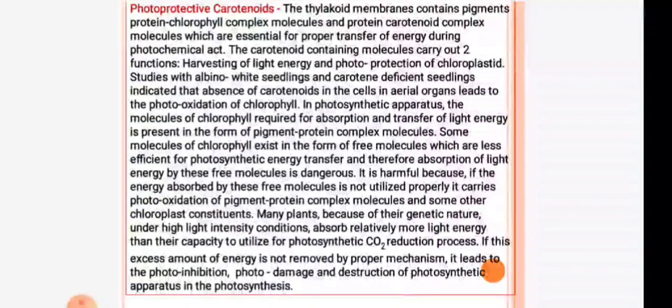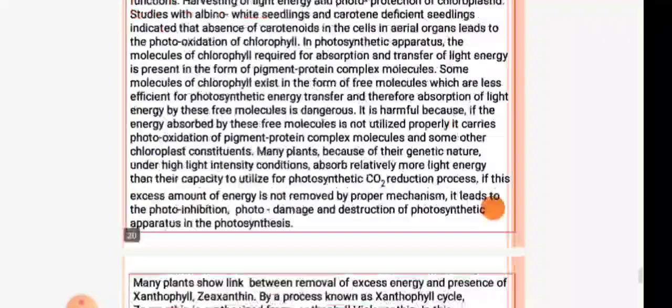Many plants, because of their genetic nature under high light intensity conditions, absorb relatively more light energy than their capacity to utilize for the photosynthetic CO2 reduction process. If this excess amount of energy is not removed by a proper mechanism, it leads to photoinhibition or photodamage, or destruction of the photosynthetic apparatus.